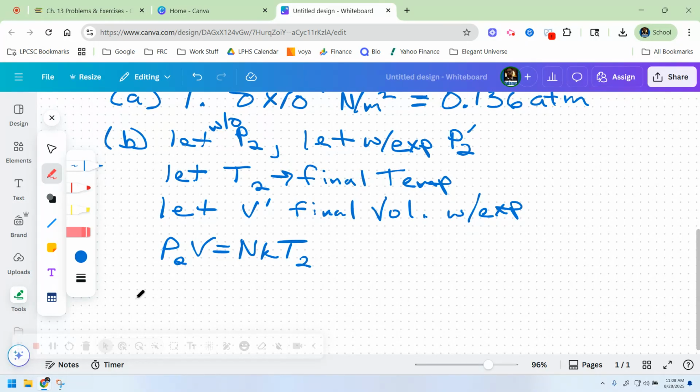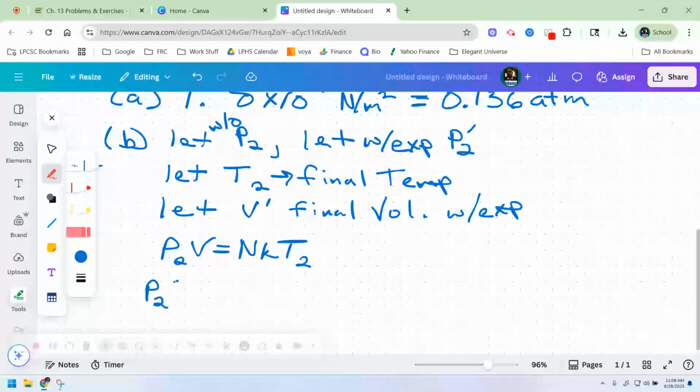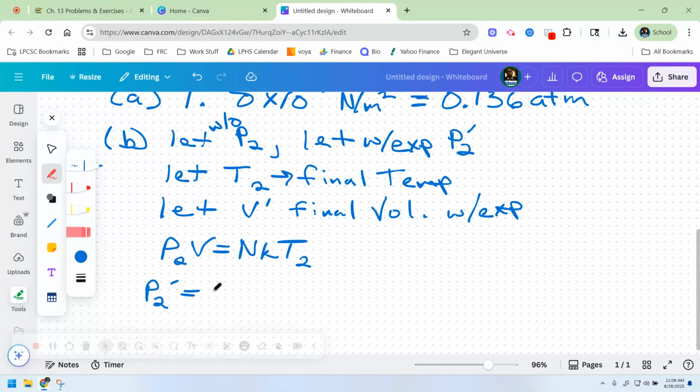And then we could also find it with expansion. P prime would then be multiplied by V plus delta V, the change in volume.